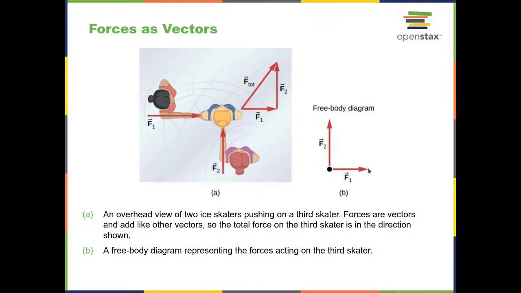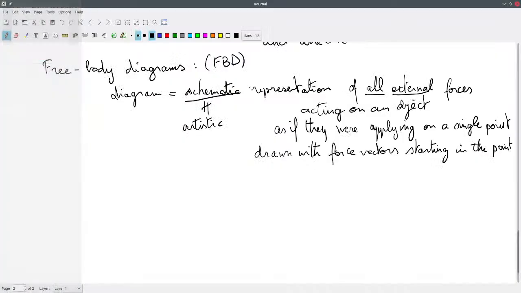So F1 will just have a component in the x direction, F2 will have a component in the y direction, and then finally, the thing we're going to do typically is calculate the total force, or the net force, or the resultant force. So total force or net force is the sum of all forces, summed over i, right?